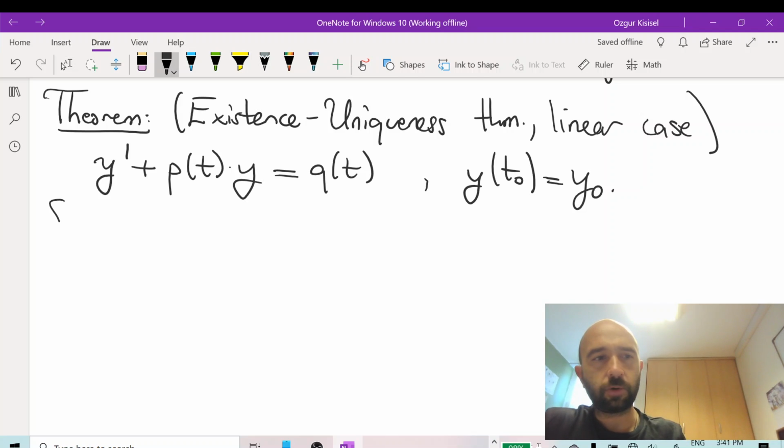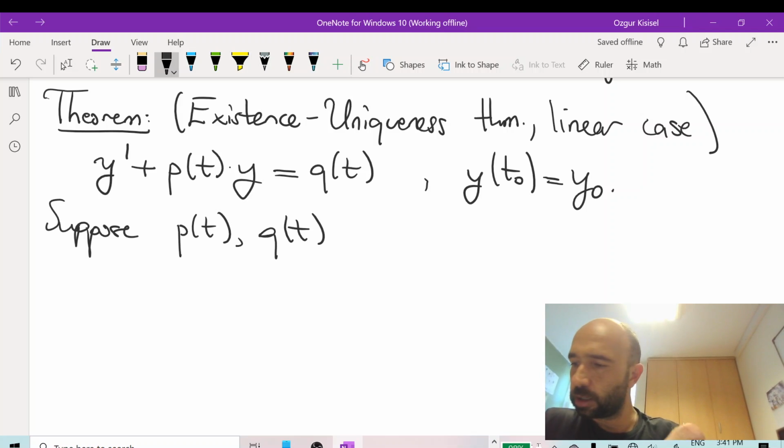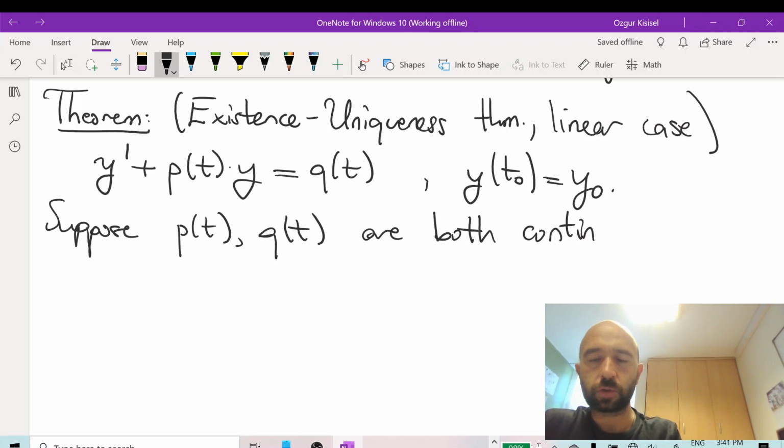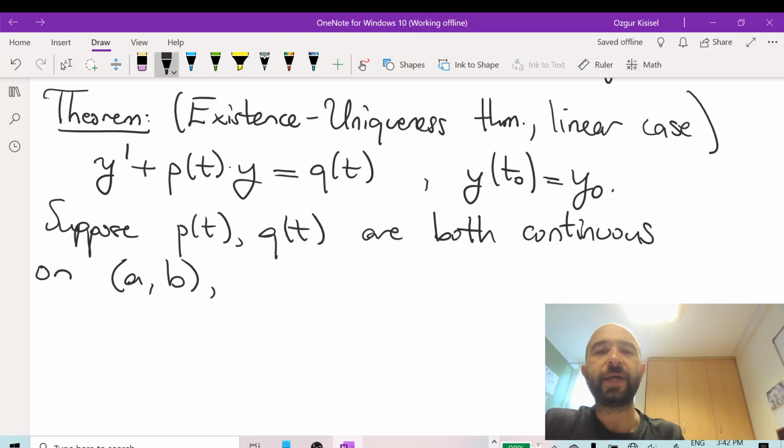So, suppose the two functions seen here, p(t) and q(t), are both continuous on the open interval (a, b), and also assume that this initial point t0 belongs to (a, b).